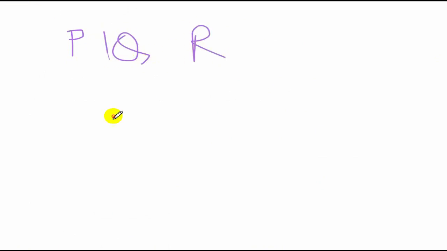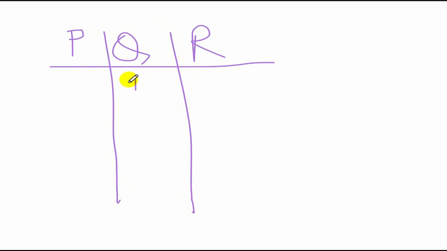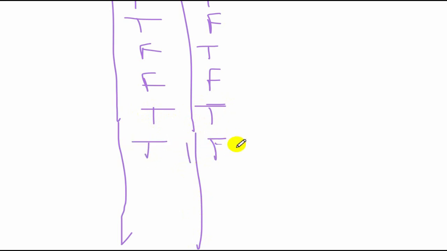First I'll tell you how to draw the first three columns of the table. This is the standard format. We start with the last column: true, true, true, false, false, true, and false, false. The same thing has to be repeated once again: true, true, true, false, false, true, and false, false.